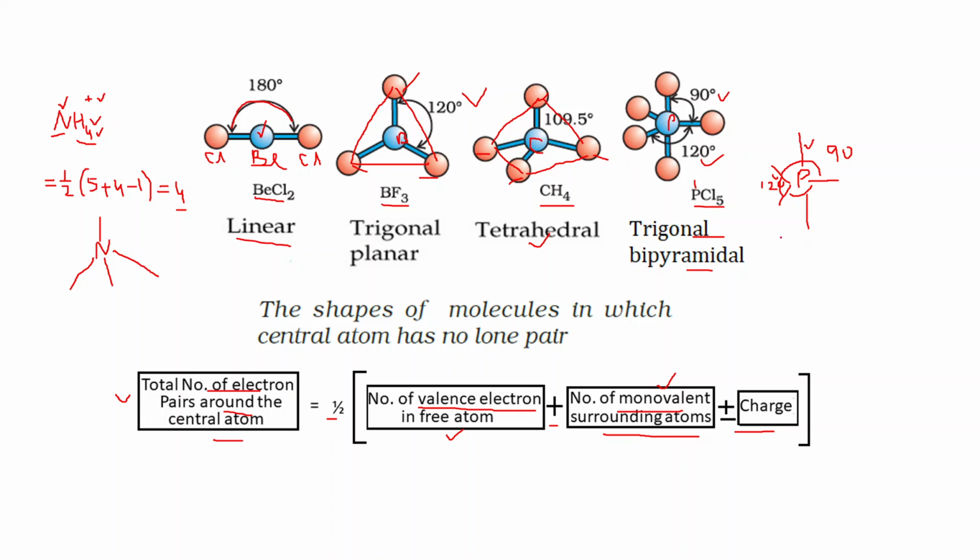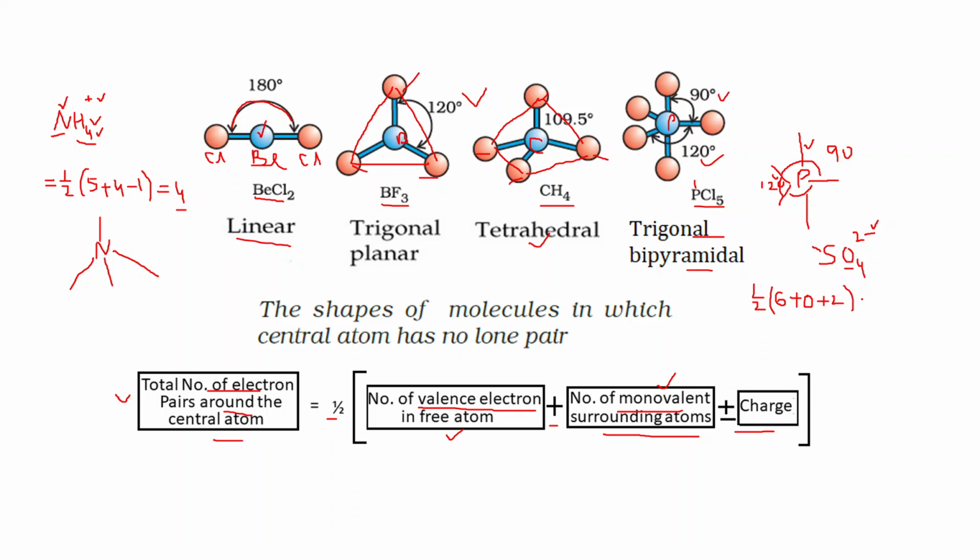Now see one more example: SO4 2 minus. Again, half of the number of valence electrons in a free atom of sulfur, which is 6, plus the number of monovalent surrounding atoms. Now, dear student, in this case the surrounding atoms are oxygen, but oxygen is not monovalent, it is divalent. That's why this is 0. Now the negative charge is minus 2, so you add plus 2.